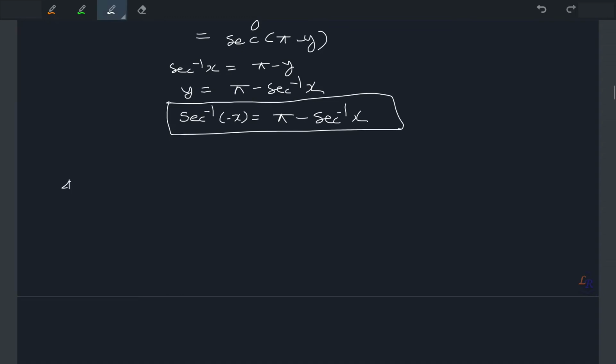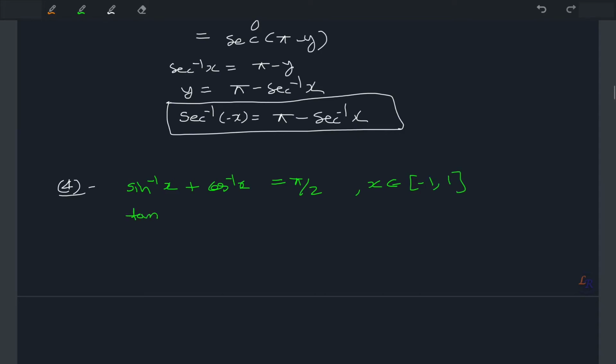Let's say the type 4, where we utilize the sum of two inverse trigonometric functions. If we have sine inverse x plus cos inverse x, what would be the output? It would be equal to pi by 2, where x is an element of the range -1 to 1.